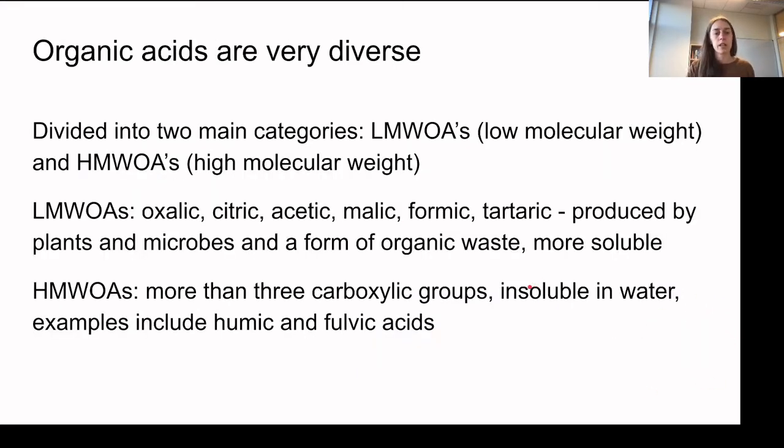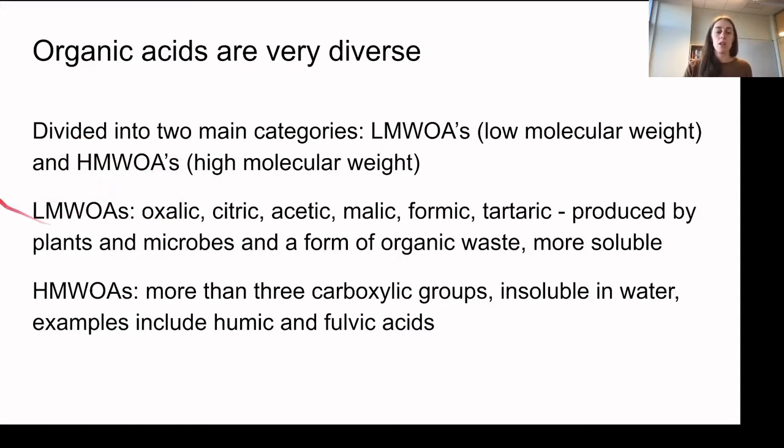So these organic acids are very diverse. You'll typically see them divided into two categories: low molecular weight organic acids and high molecular weight organic acids. Basically the smaller, lower molecular weight ones, and the big, giant, complex molecules that have a higher molecular weight.